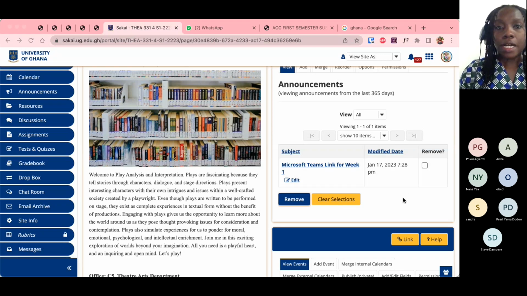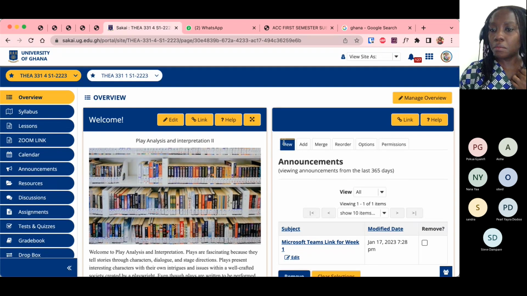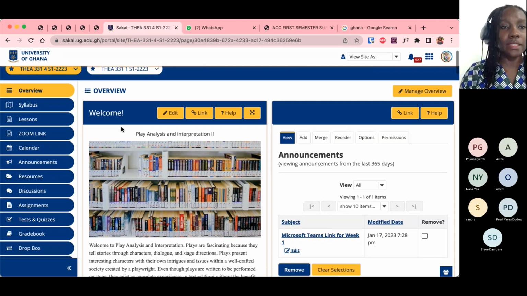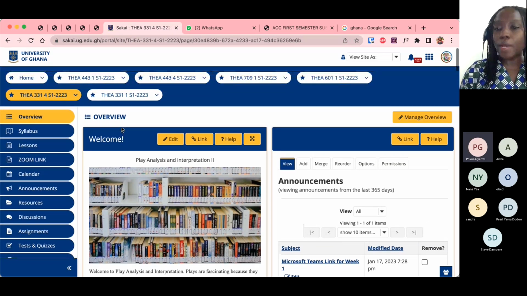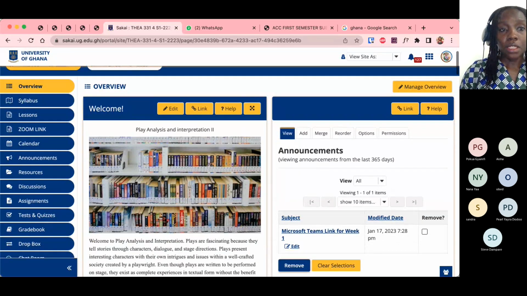Okay. Can you see the Sakai here? Can you see the welcome screen page? Okay, great. So that's when you open your Sakai and you click on Tier 331, this is what you will see.